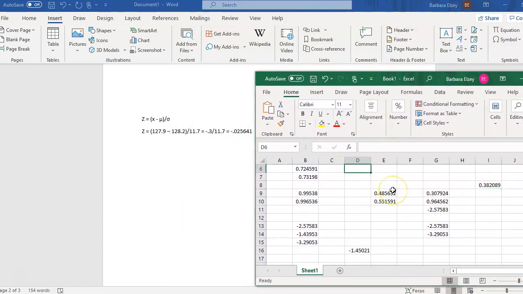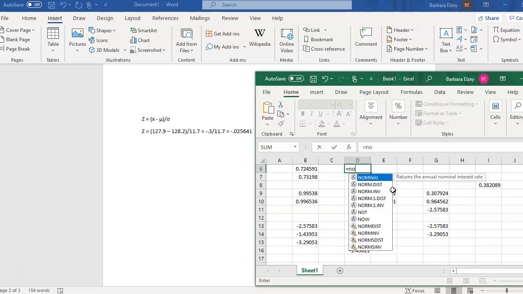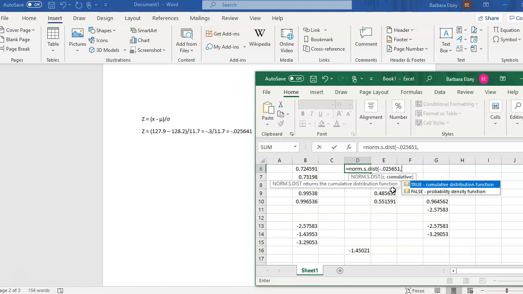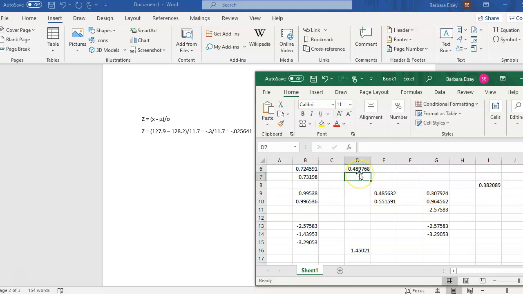I'll just go to this cell right here. And we'll use equal norm.s.dist, and let's put negative 0.025641 and the word true, and it tells me that probability is 0.489768. Now since we were able to round to 4 decimals, let's just put 0.4898.